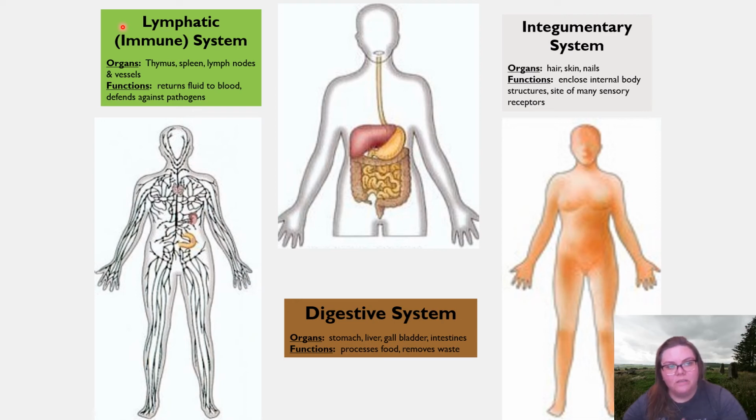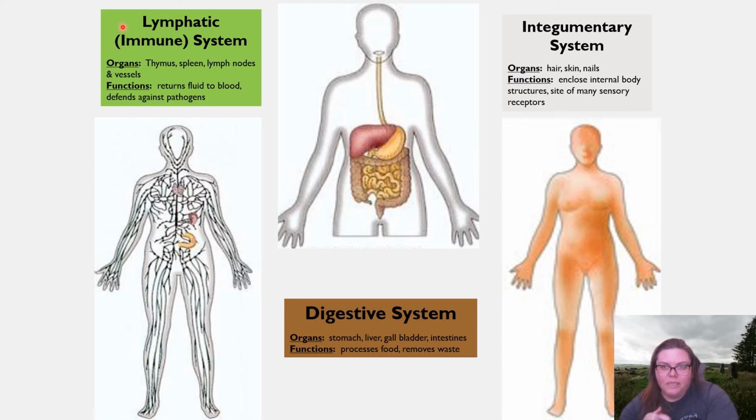The functions are to return fluid to the blood as well as to defend against different pathogens. Your digestive system is your stomach, liver, gallbladder, and intestines, and the function is to process food and remove waste.